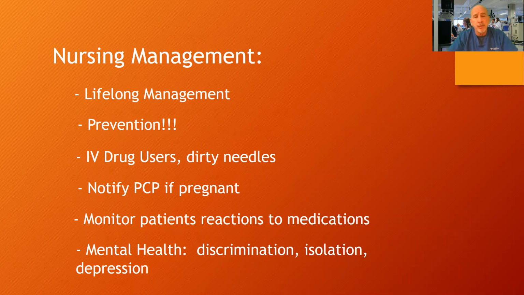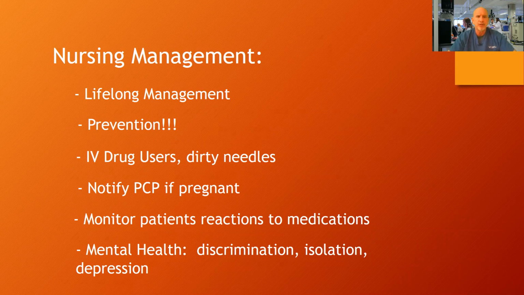Therefore, the best way to prevent somebody from having to deal with it is just prevention. Don't get it in the first place. Practice safe sex. Stay away from dirty needles. Best to just stay away from needles completely, if you ask me. If the person is HIV positive, they have to notify the doctor if they get pregnant.